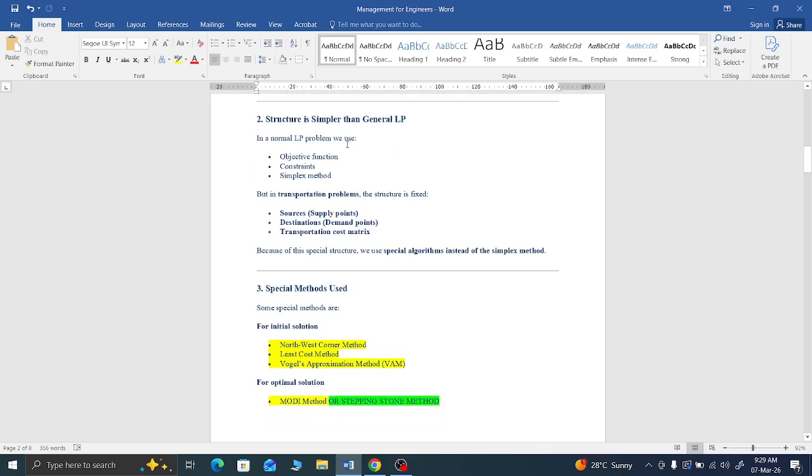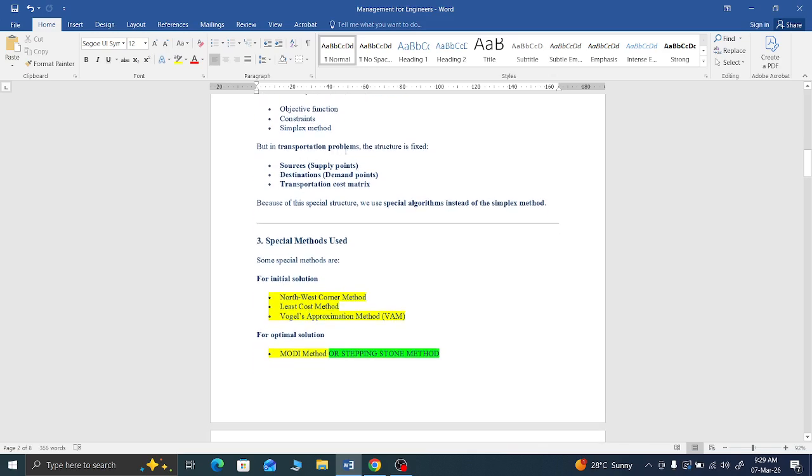Here, the structure is simpler than general linear programming. General linear programming we can do using the graphical method, or the simplex matrix form. In linear programming we use objective functions, constraints and simplex methods normally.